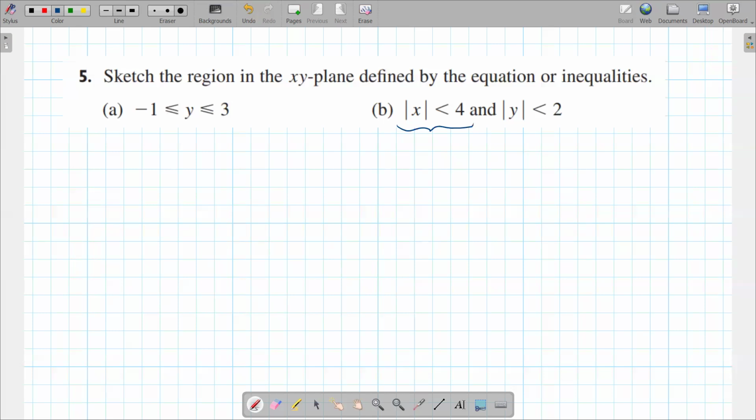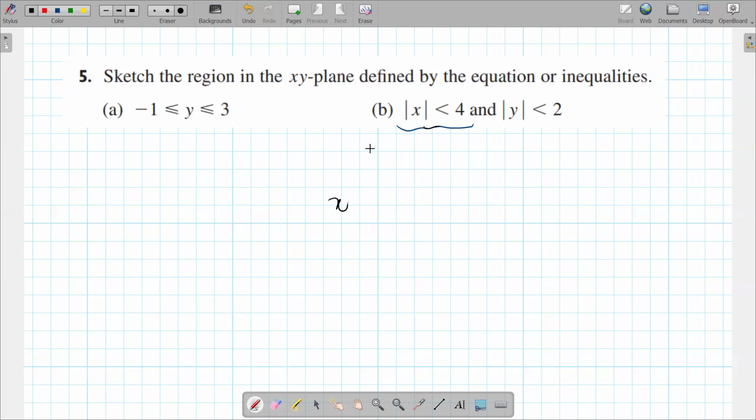Can x be 5? No. What about -3? Let's check. Is this true or false? That's true. So let's come up with a bound for x.